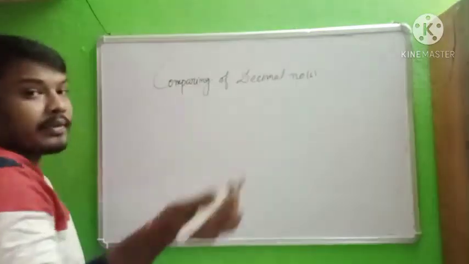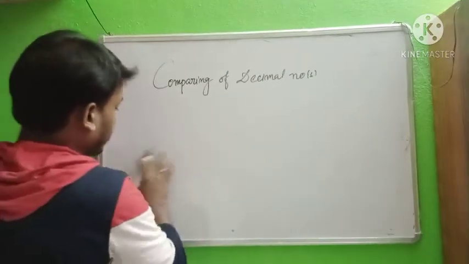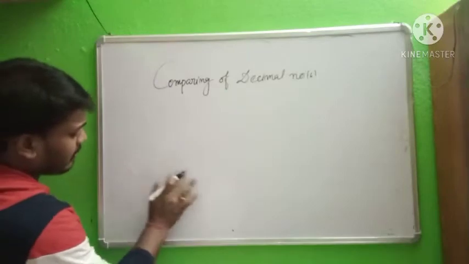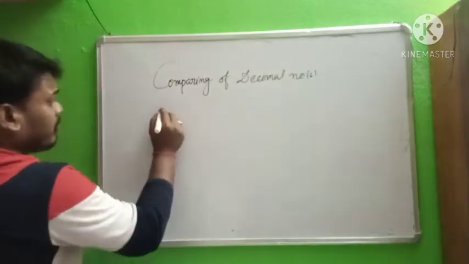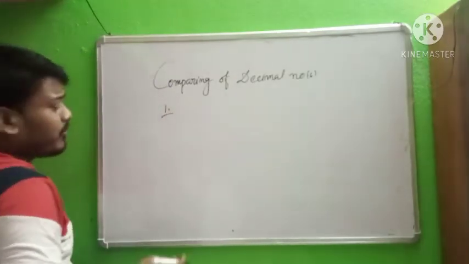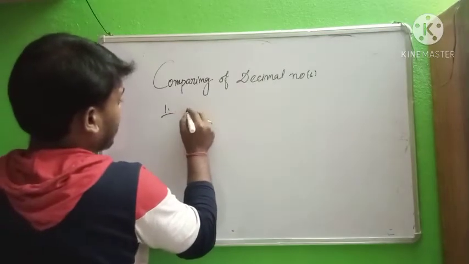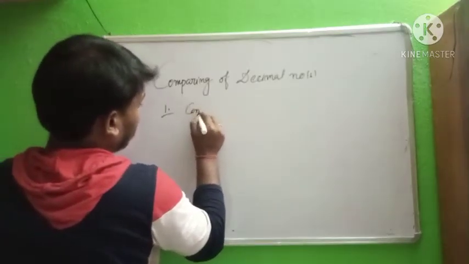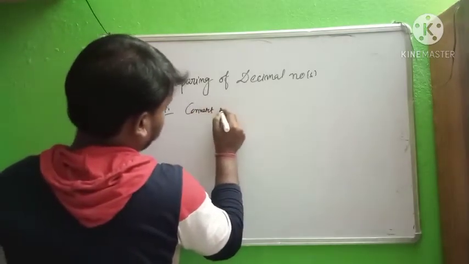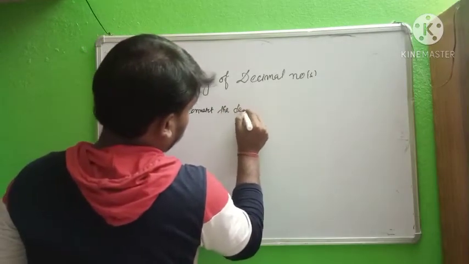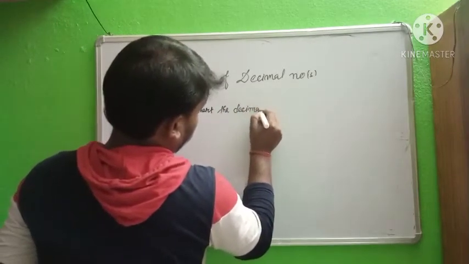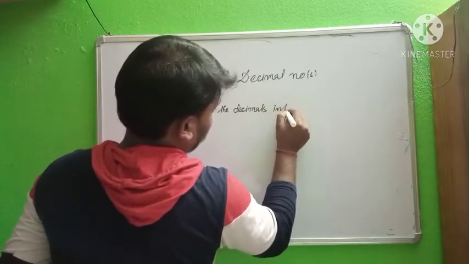First I tell the process of the book, after that I tell another, easy process. So first step, as per your book, convert the decimals into like decimals.